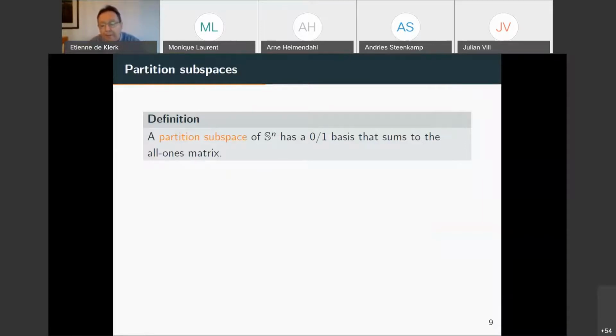If we look at symmetry reduction through group theory, then these partition subspaces usually arise as orbitals or orbits of pairs. But if we do not consider the groups, then we can just consider the abstract notion of a partition subspace.